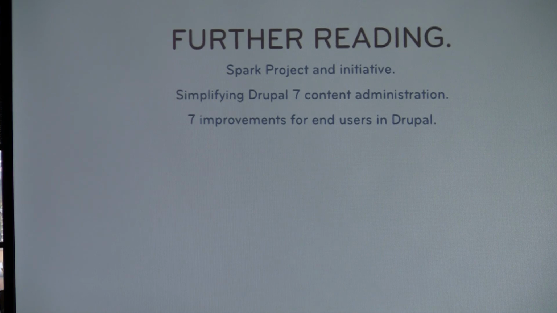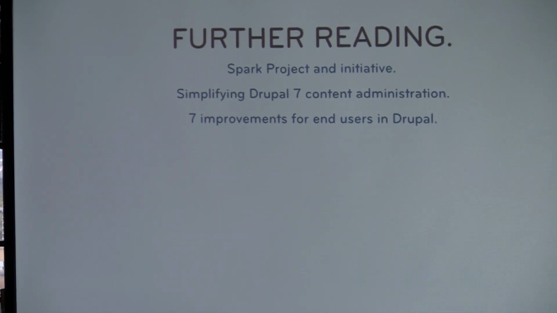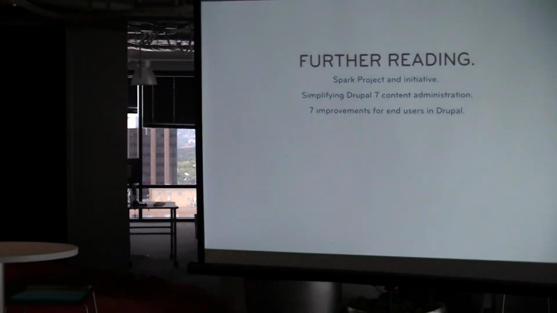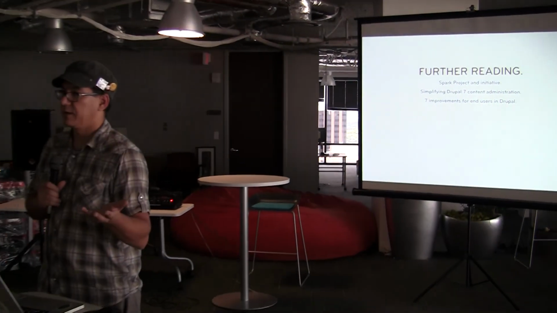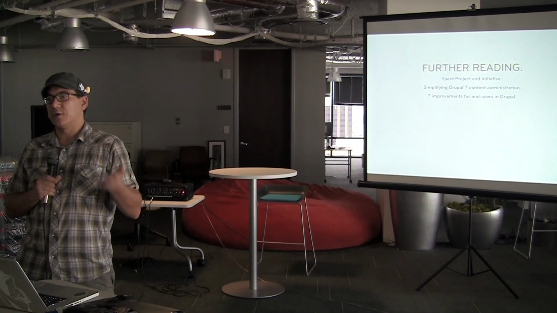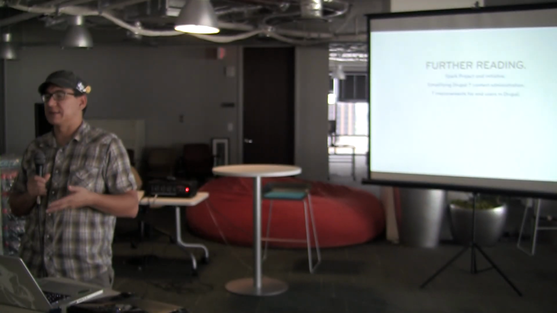So for the reading, check out the stuff that's happening in Spark, see what you can use from there. And the other 2 links are, one's a presentation, the other one's a blog article that goes deeper into these things. The parts of this that I didn't even talk about are a lot of the problems with the node edit form and things like that.